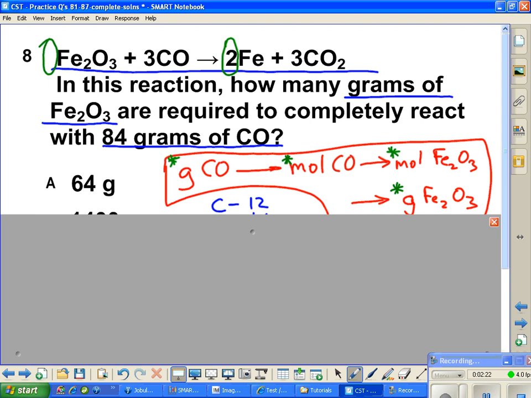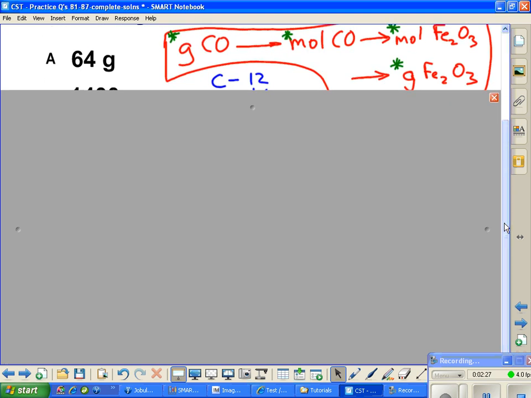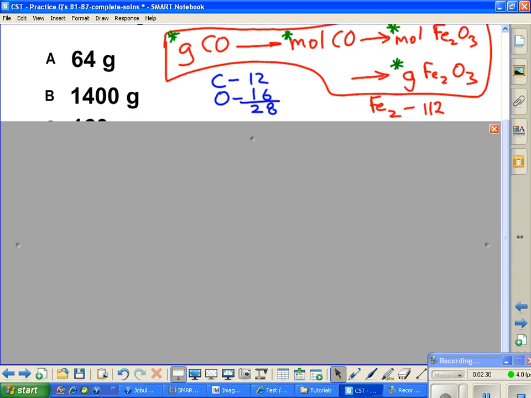So let's go down and see the calculations that we have to do just to get started. We've got to know some molar masses, and the first one is going to be carbon monoxide. This is how we get our molar mass of carbon monoxide. The 12 here comes from 12 grams per mole off the periodic chart for carbon, and 16 grams per mole is the periodic chart number for oxygen. Add those up, you get 28.